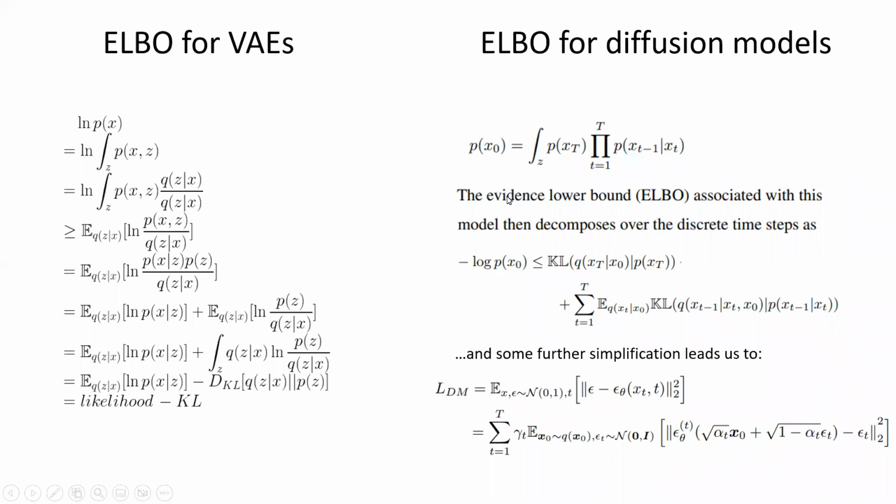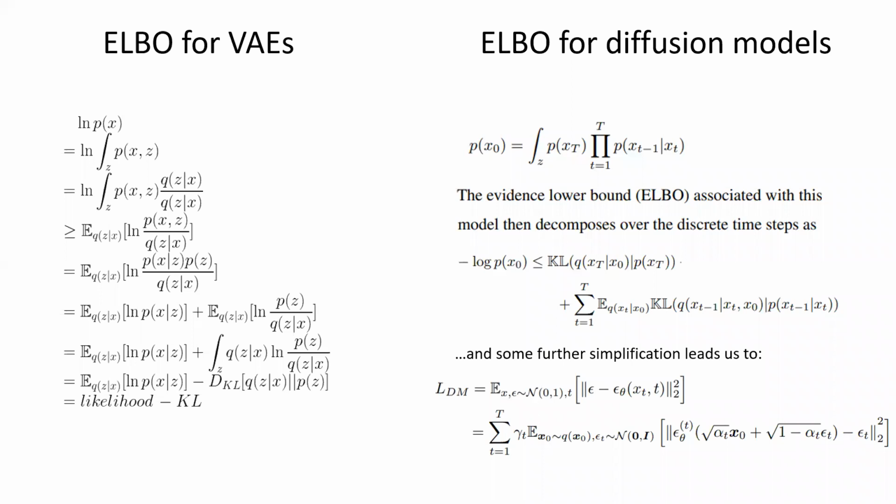Okay, then from that, we're not going to show the derivation, but you can derive an evidence lower bound. In this case, we're taking the negative log likelihood, so it's an upper bound, but you can negate that and this becomes a lower bound on the log likelihood. And it basically amounts to minimizing the KL divergence between our forward diffusion process and the reverse diffusion process.